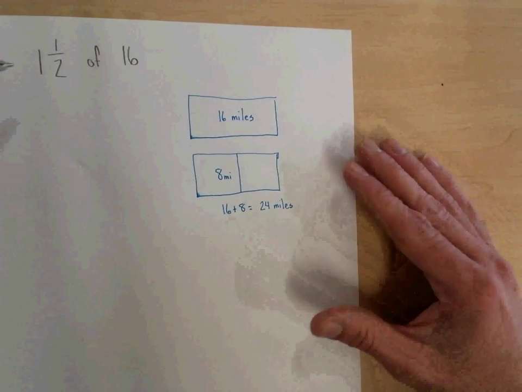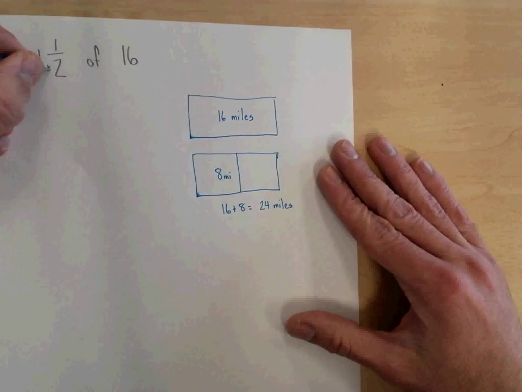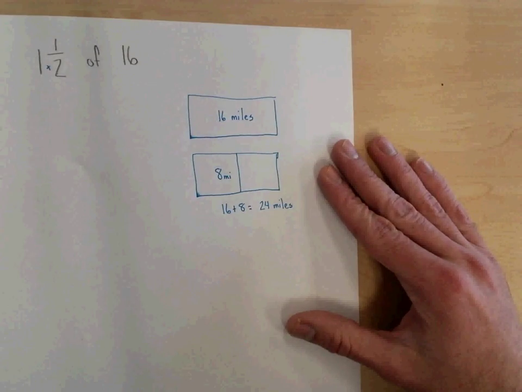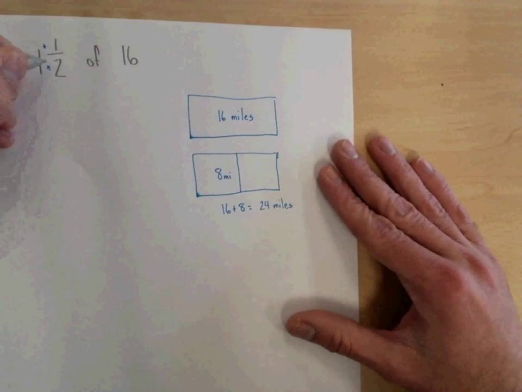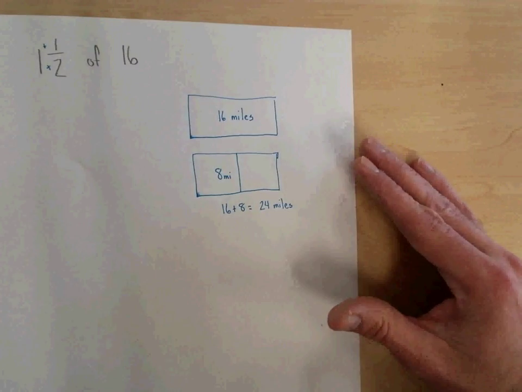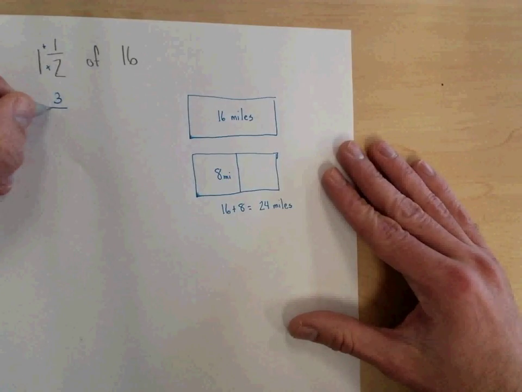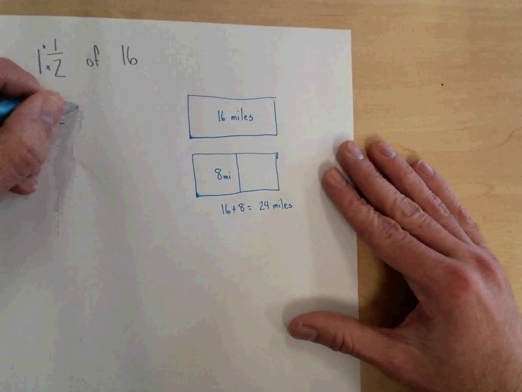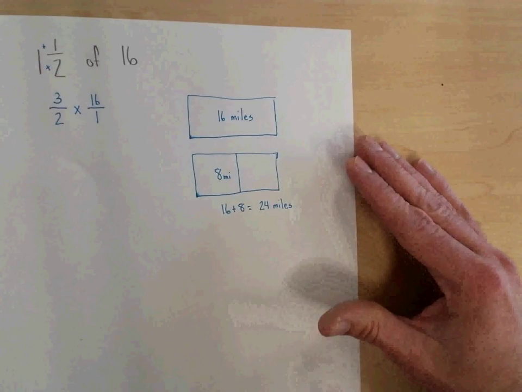Or we're going to teach them how to make this mixed number into an improper fraction. So first they're going to go 2 times 1, which is 2, and then they're going to take that product and add it to the numerator. So 2 plus 1 is 3, and that equals 3 halves times 16 over 1.